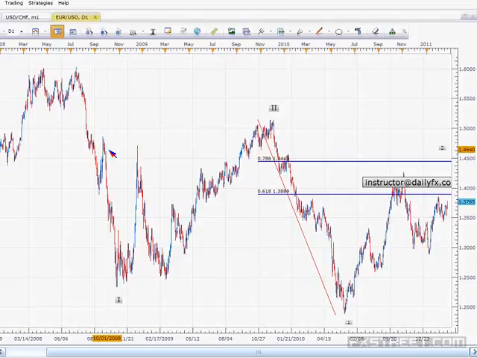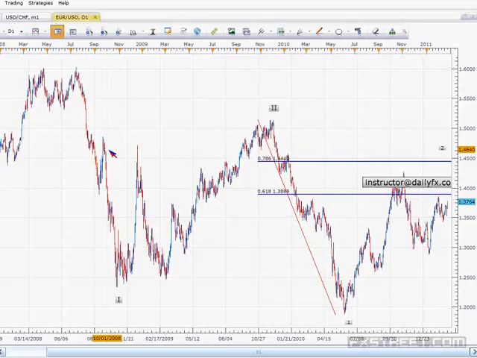So it's nesting, it's building. And why is that the case? Because wave 2 never retraced the complete distance of wave 1. And then notice how an impulsive wave, the 5-wave move, a lot of times they tend to be very sharp. They tend to be very strong. And so notice how this is a very strong projection to the upside.